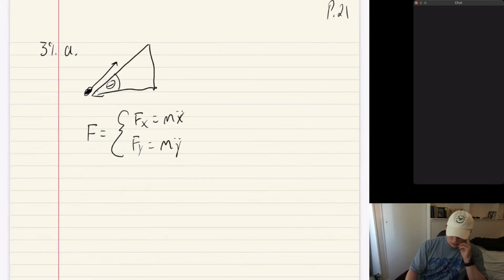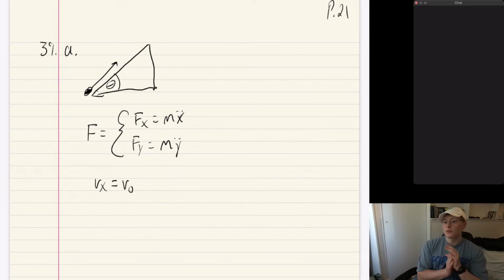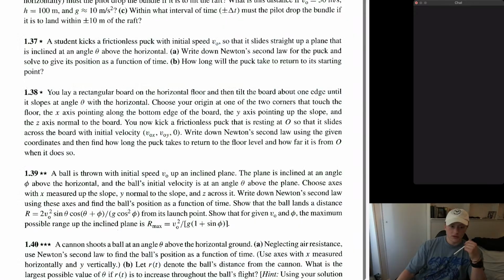So initial velocity, so Vx will be V0 times, yeah, because there's no, I mean, there's no friction, but it should still be influenced by, I imagine it would still be influenced by gravity, you know what I'm saying?